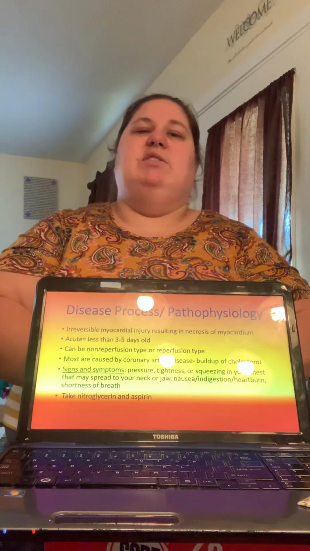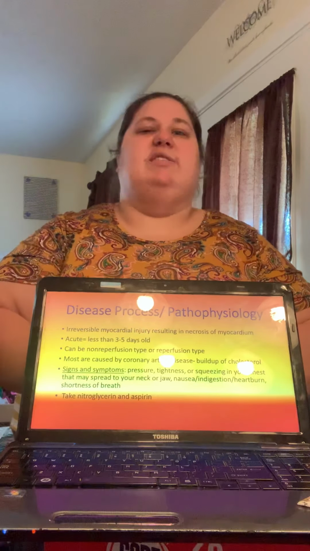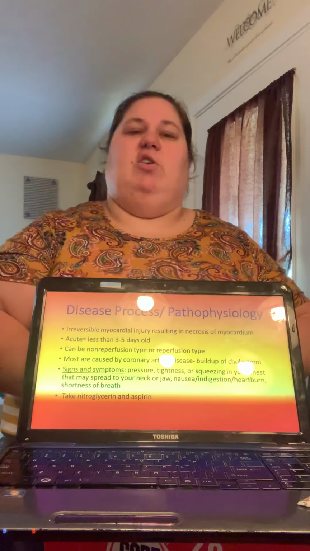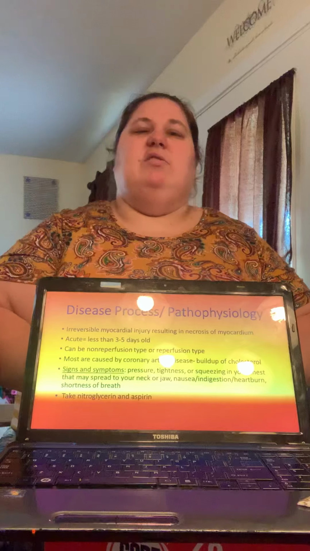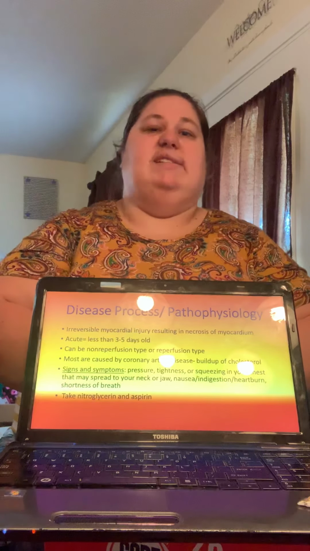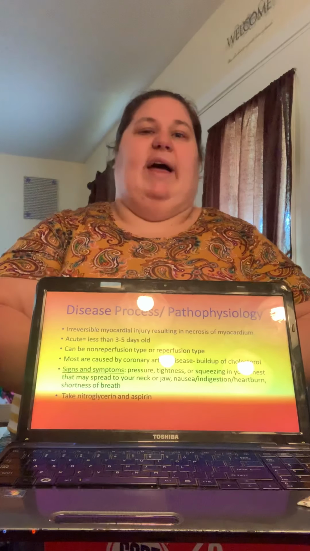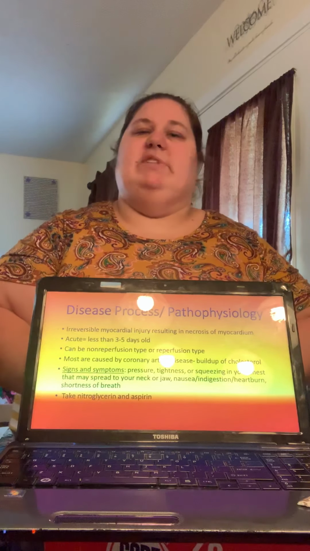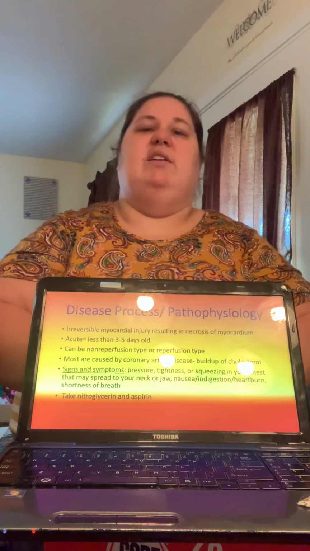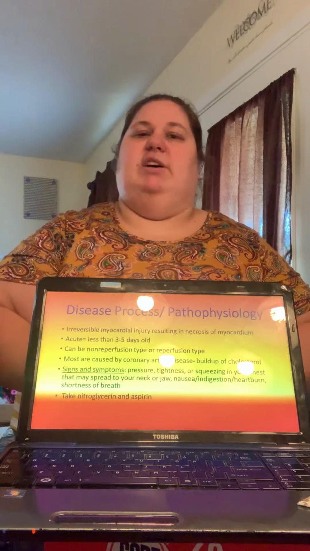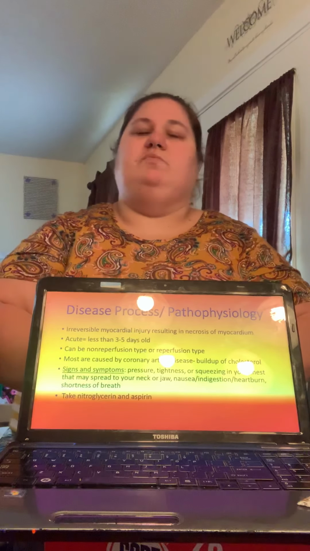So this next slide starts the information section or the knowledge section. This goes into the pathophysiology behind a myocardial infarction. It talks a little bit about some of the major causes. It identifies one of the major causes as being a buildup of plaque. It also discusses some of the signs and symptoms that are pretty commonly associated with a heart attack: chest pain, nausea, radiating pain.